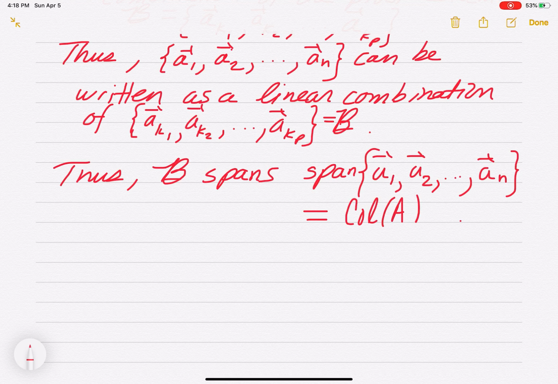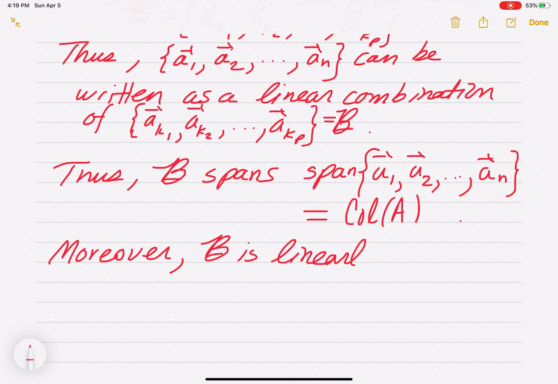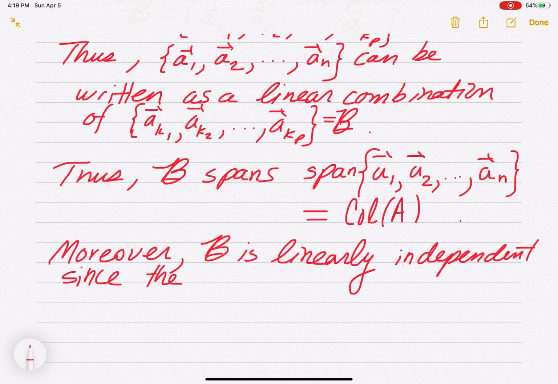Also, or I'll say moreover, B is linearly independent since the matrix that we create from the columns in B, AK1 is your first column, AK2 your second column, AKP, that's your pth column.